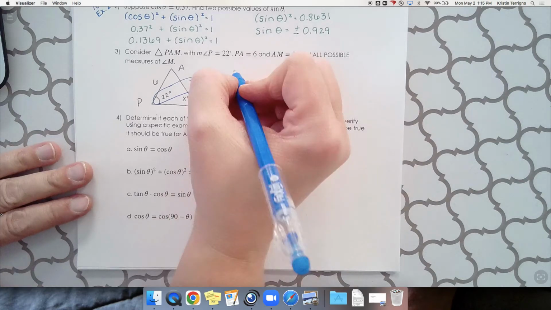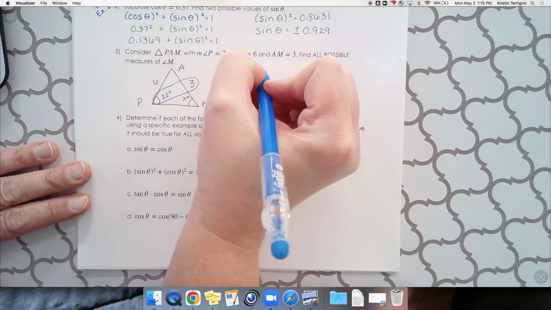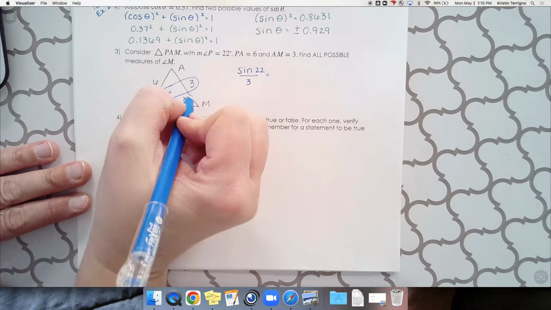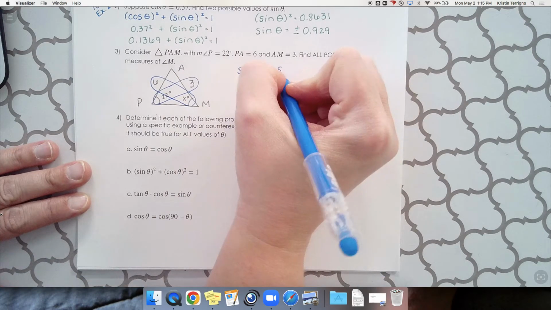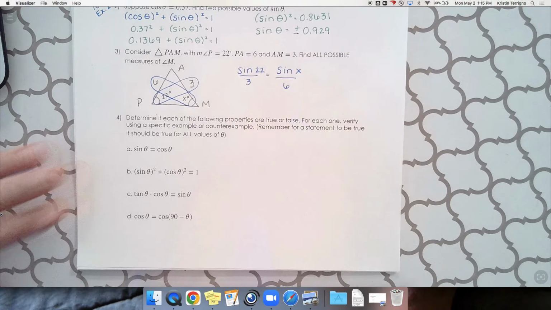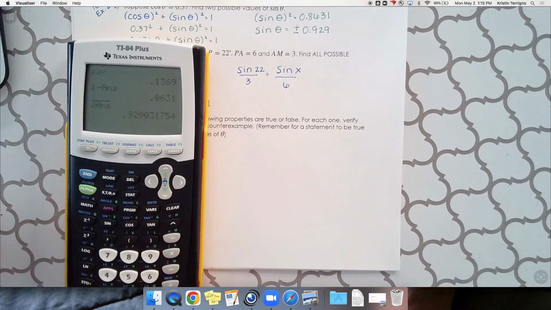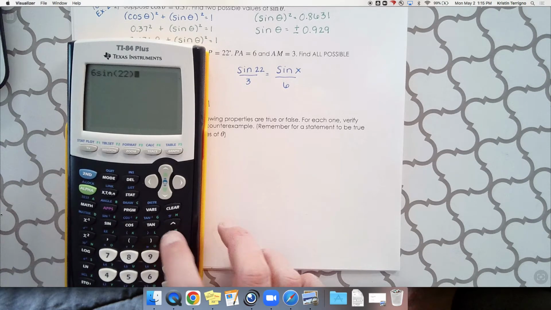So I'm going to say sine of 22 over 3 equals, and then my other fraction goes with the x and the 6. So sine of x over 6. And then to solve this, I'm going to cross multiply. So I'm going to do the 6 times sine 22 and then divide by the 3. So 6 sine 22 divided by 3.